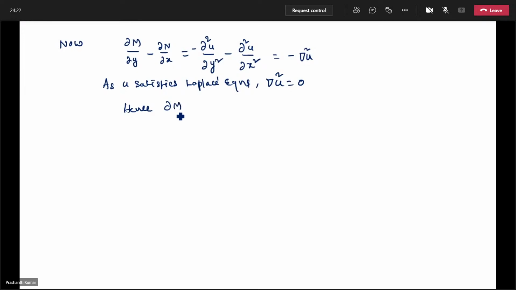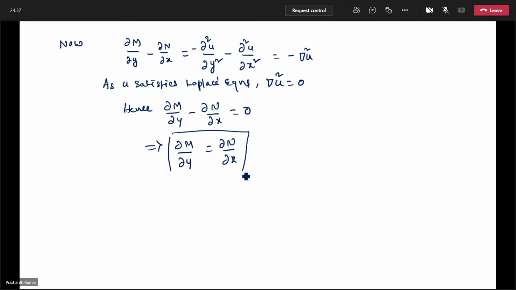Dou M by dou y minus dou N by dou x is 0. This implies dou M by dou y is equal to dou N by dou x, which means equation 1 is an exact differential equation.